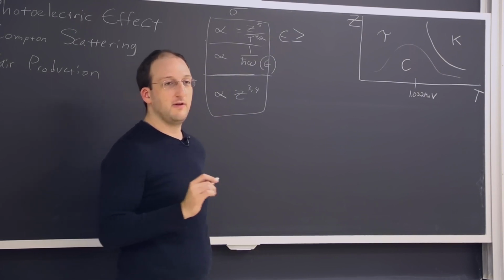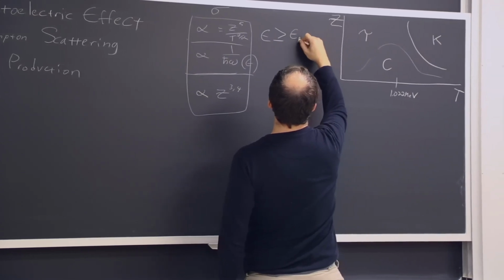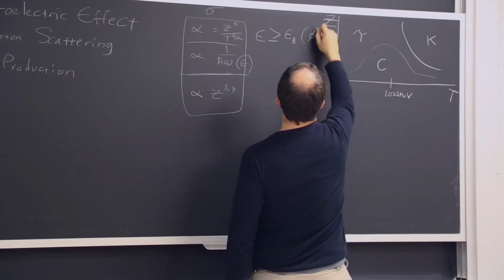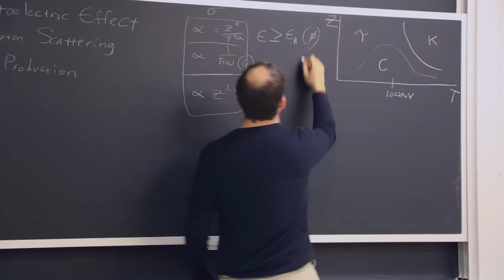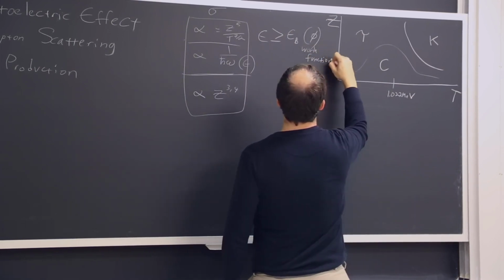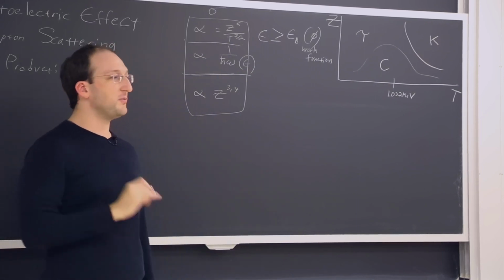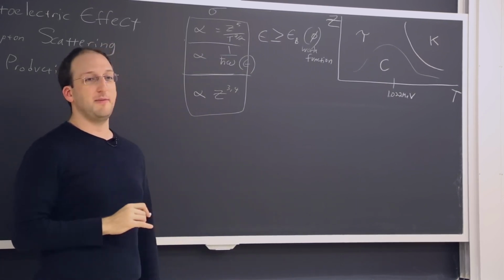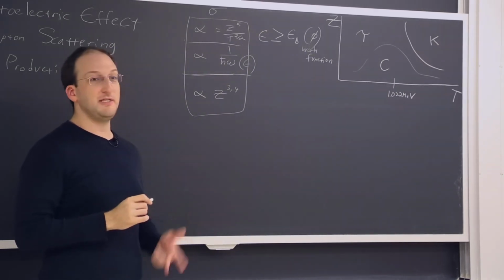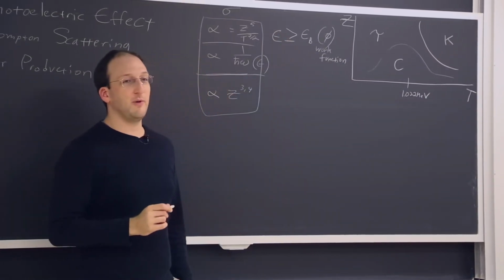Yeah? The binding energy of the lowest bound electron, which we give that symbol phi, or the work function. So the idea here is that as soon as you have enough energy to eject the outermost electron, which is super low for the alkali metals, like sodium, potassium, cesium, then you can exceed the work function and get the photoelectric effect going.